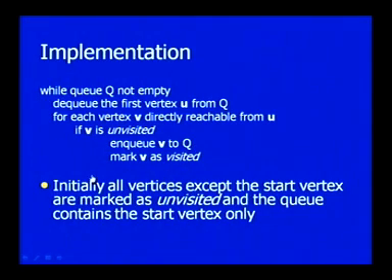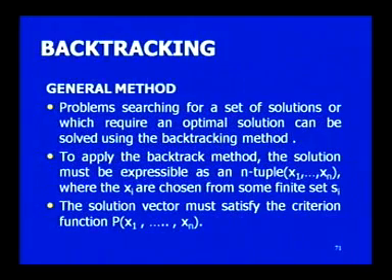Initially assume that all the vertices except the starting vertex are marked as unvisited, and the queue should contain only the starting vertex. So, in this particular manner we can accomplish BFS for any particular graph.